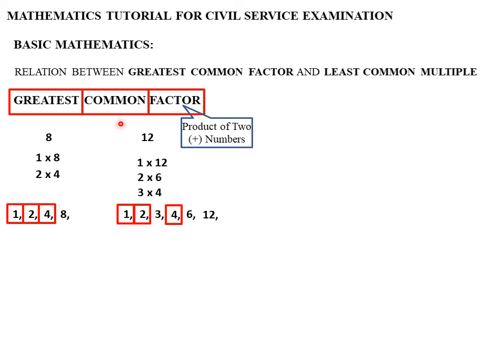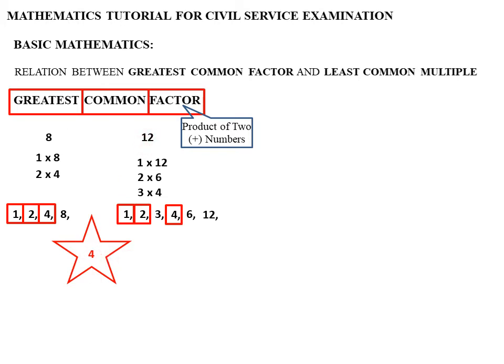So let's go to the first word, which is the greatest. From these common factors, what is the greatest or the highest? From these three common factors, the highest or the greatest factor is 4. So the greatest common factor of 8 and 12 is 4.